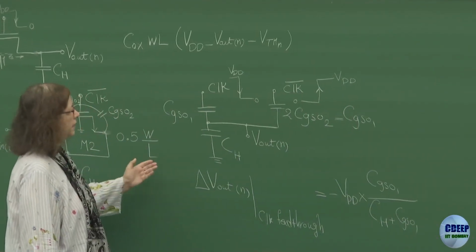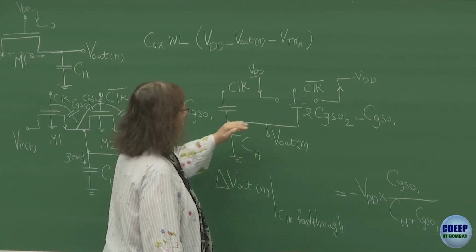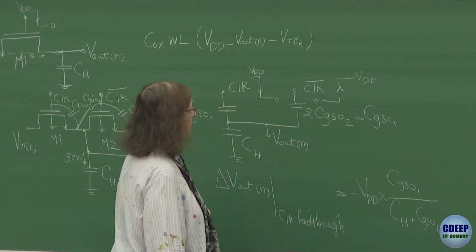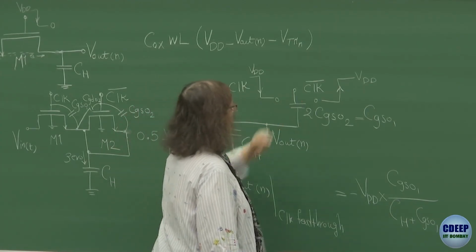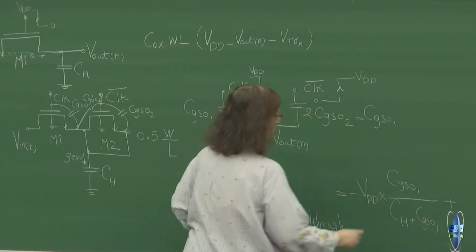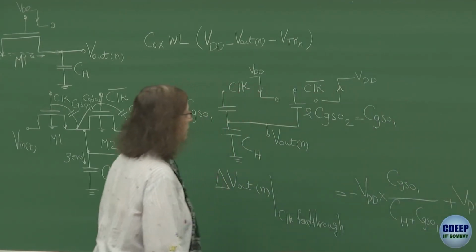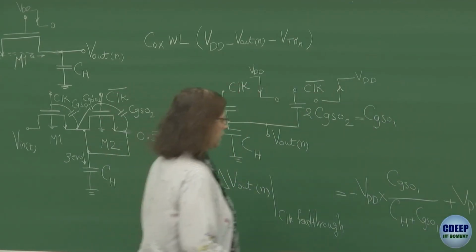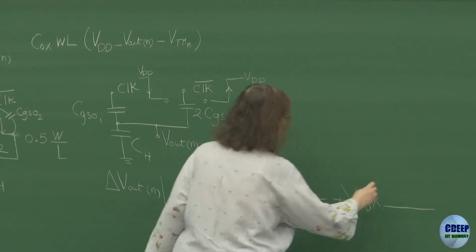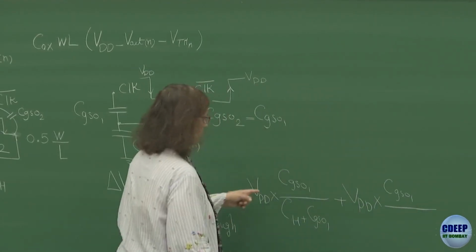And if we go with the second part of the superposition expression, for the case where the clock is 0 and clock bar is affecting, the transition here is from 0 to VDD, so delta V will be positive and the amount will be plus VDD. The amount of change in the voltage will not be different as far as the fraction is concerned.